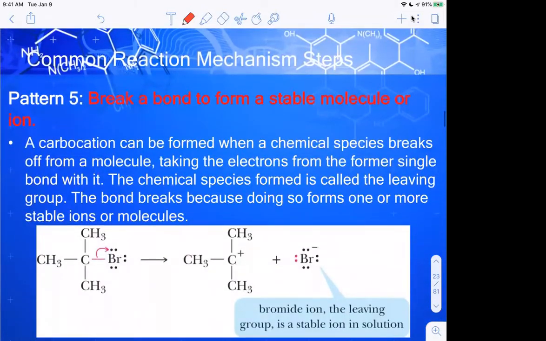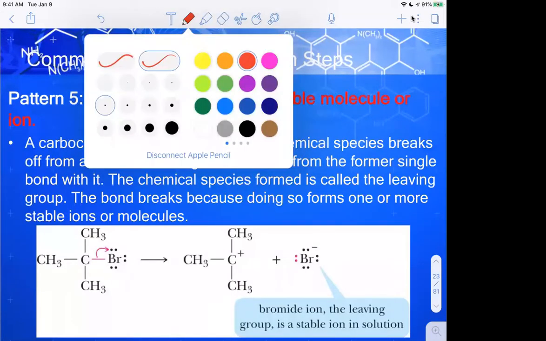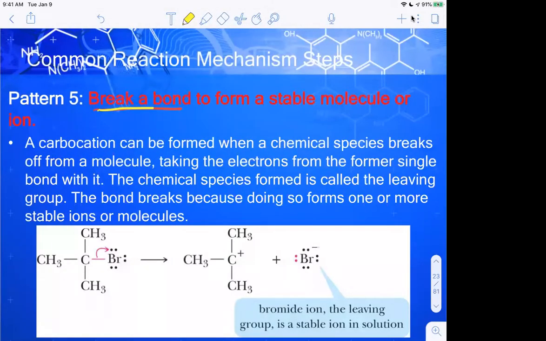There's another pattern, which is basically breaking a bond to form a stable molecule or ion. Now, this could also be considered loss of a leaving group.